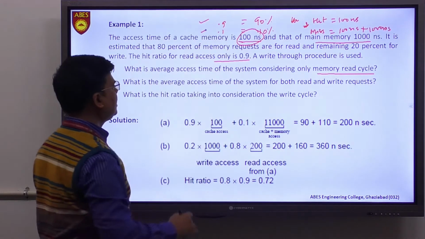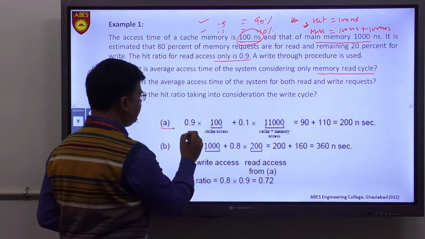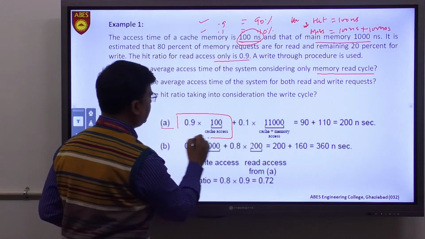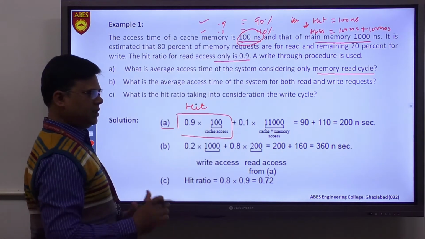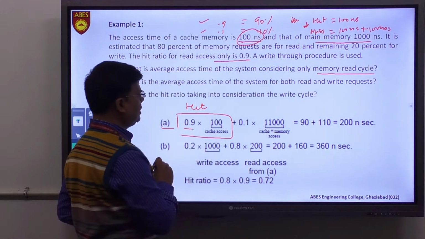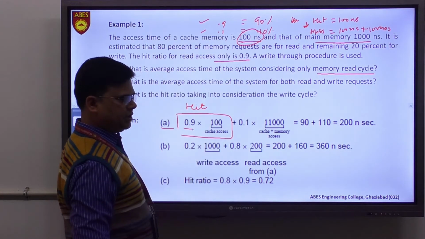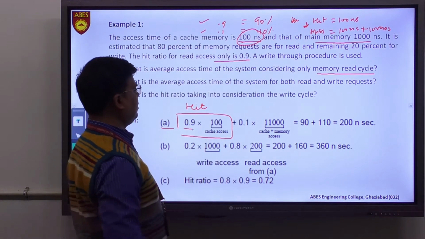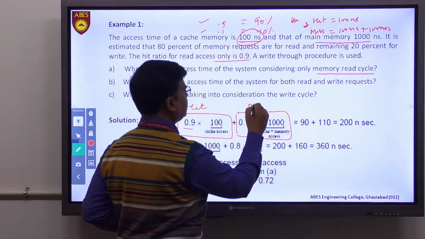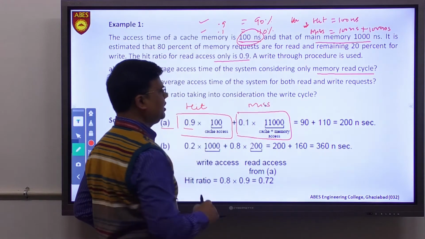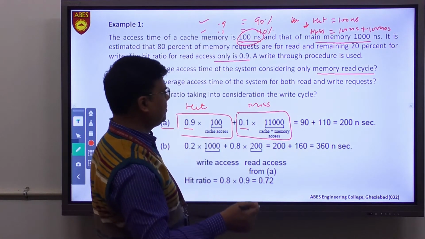So the answer is given in this solution part. 90% are hits, so 0.9 is for that, and for each hit there will be 100 nanosecond from the cache access. The remaining, from the miss point of view, this part will work.